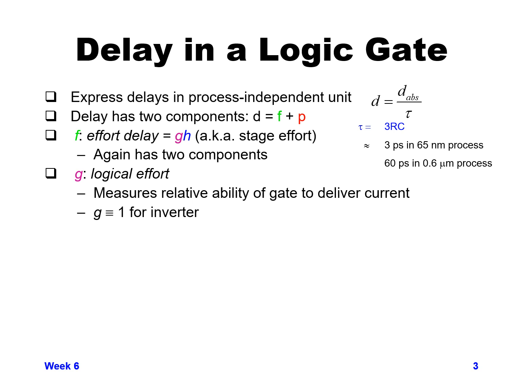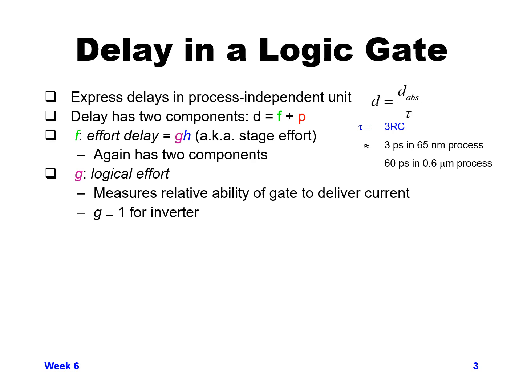It measures the ability of a given gate to deliver current to whatever its receivers are. So the simplest gate, like an inverter, is defined as having a G of 1 logical effort. It just has a single PMOS, single NMOS.